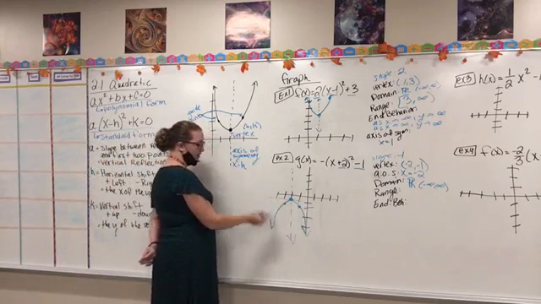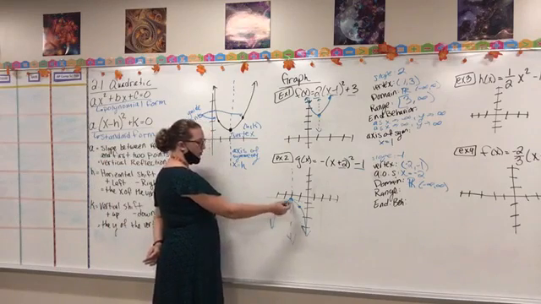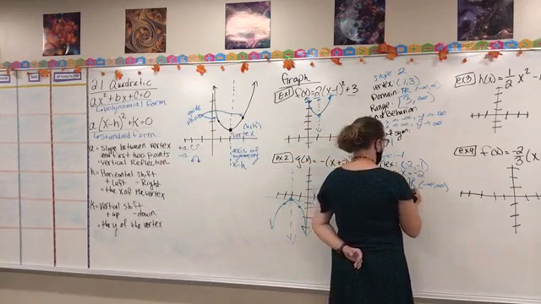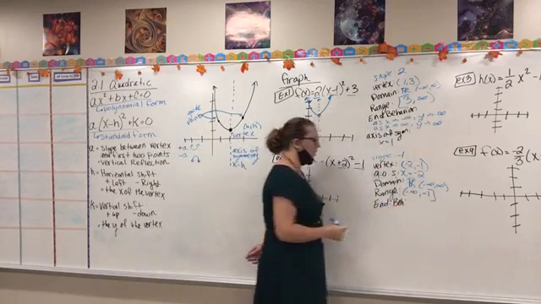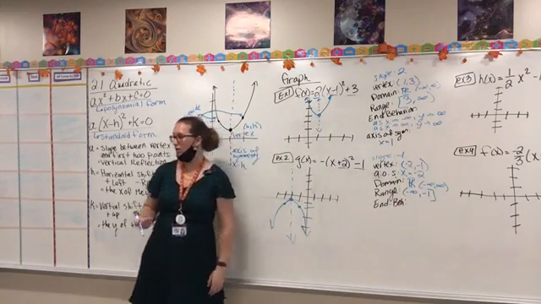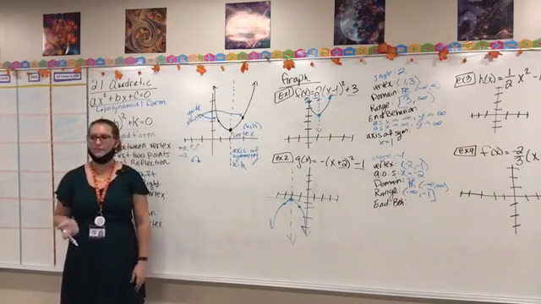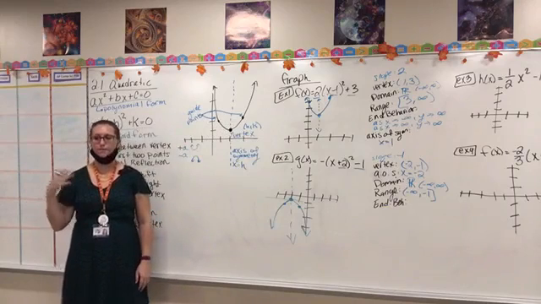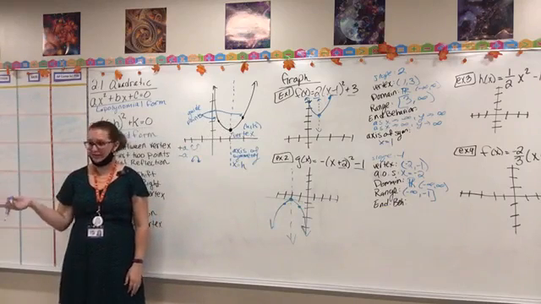I stop there, so negative infinity to -1. Remember, you always go from least to greatest, and negative infinity will always be your smallest number, so negative infinity always has to come first. Positive infinity will always be your biggest number, so that will always come last.